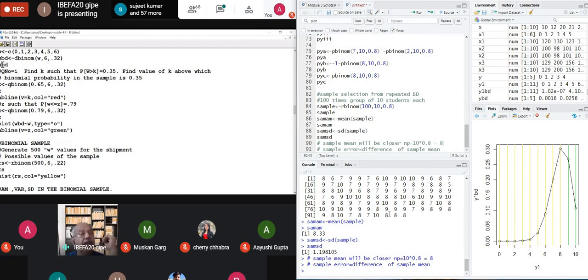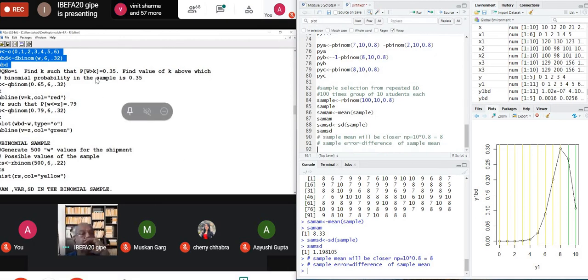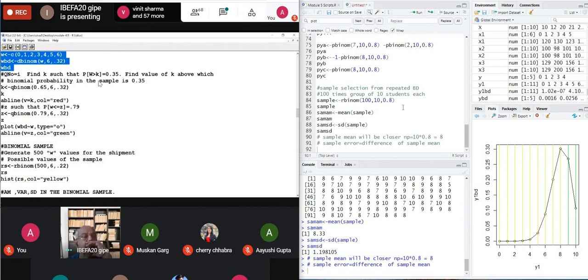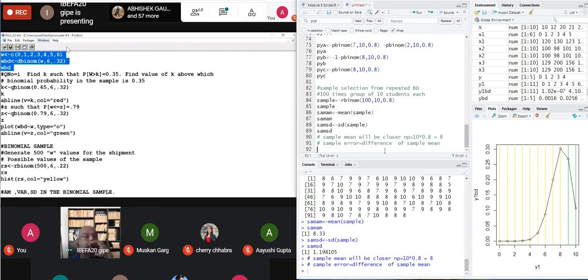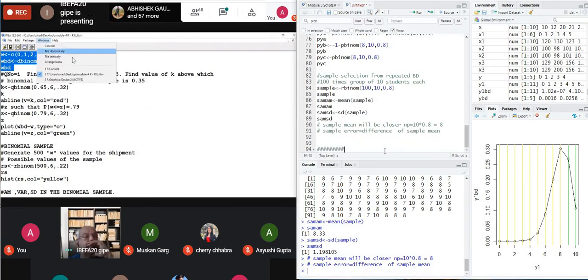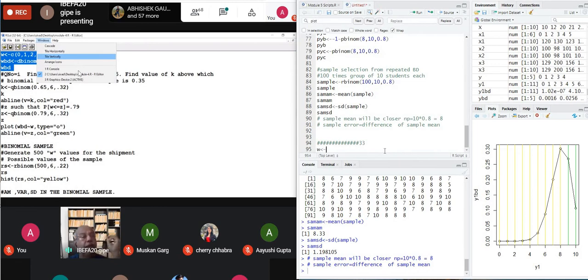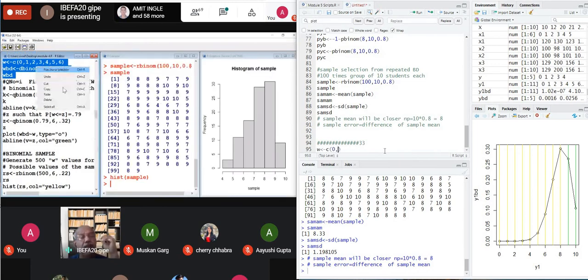So this is a new question, not in your handout. The probability distribution is given.